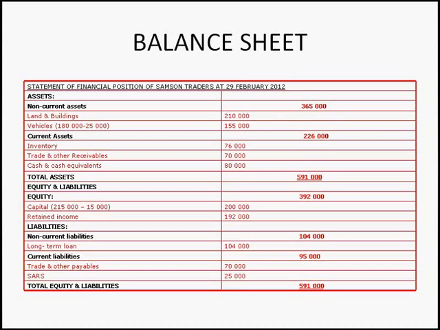So under assets, I have non-current assets and current assets. And then the same under liabilities: I have non-current liabilities and current liabilities. And then I also have equity or capital. And those two together then form the right-hand side of my equation.